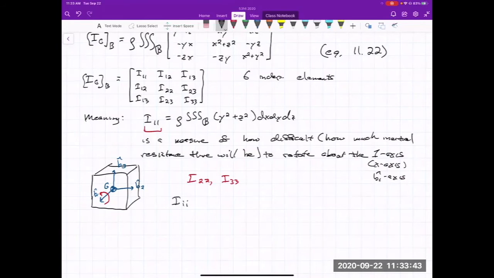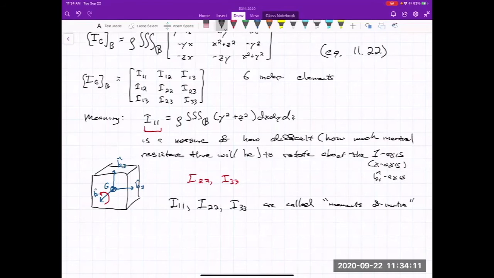Let's just group these together: I11, I22, I33. They are themselves called the moments of inertia, and they're scalars, and they're the diagonal elements of this 3x3 matrix.